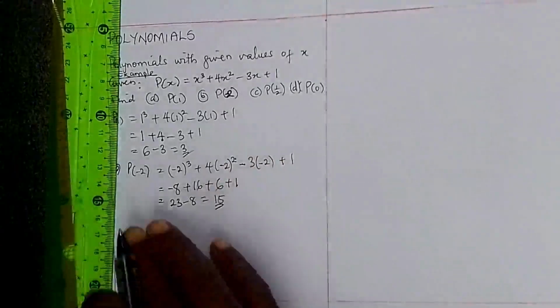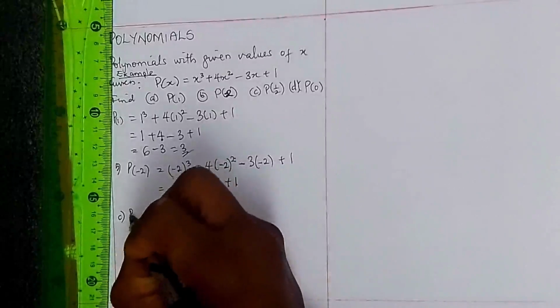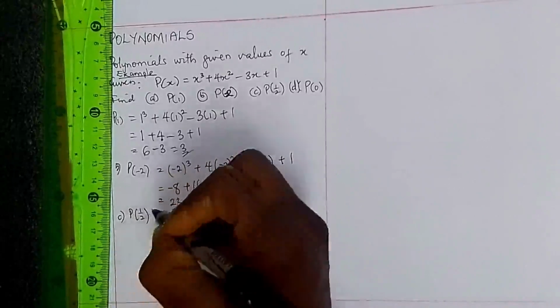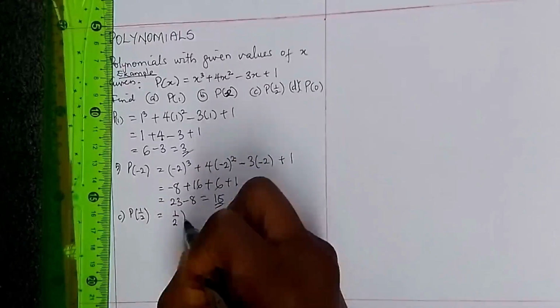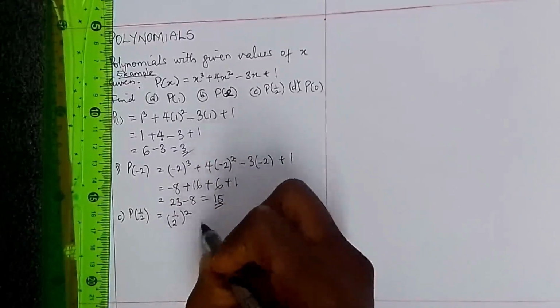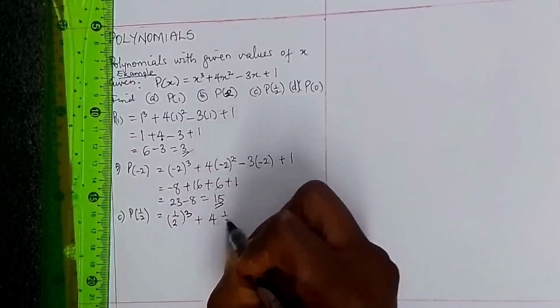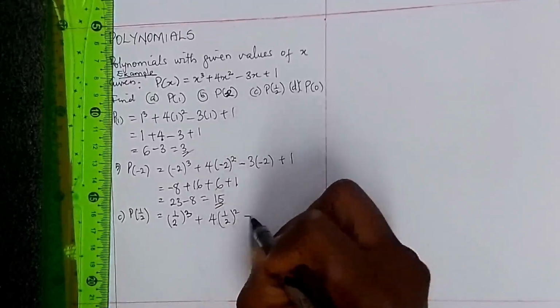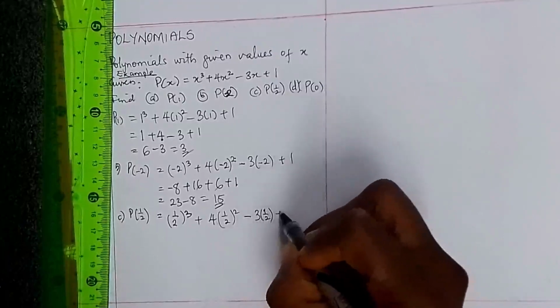Okay, let's do the last. Okay, no, not the last. P of 1/2. So anywhere we see the x, we have 1/2 cubed plus 4 times 1/2 squared minus 3 times 1/2 plus 1.